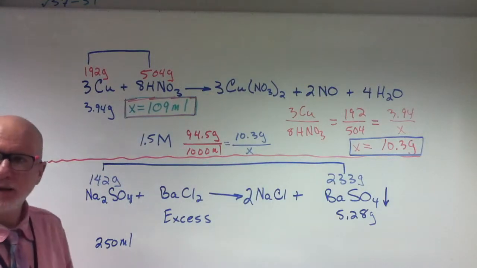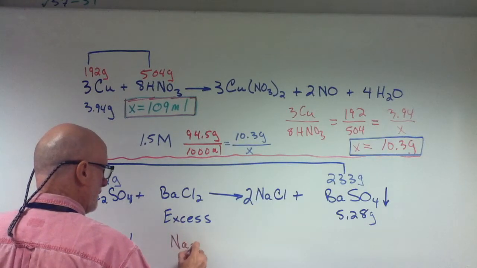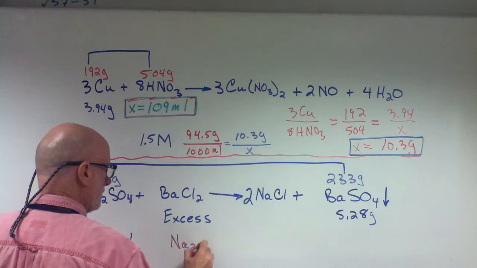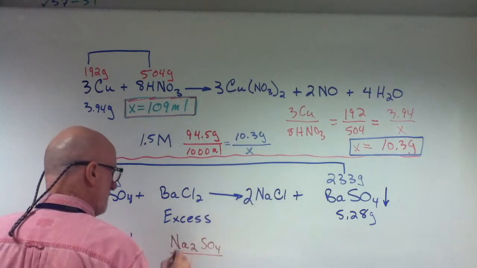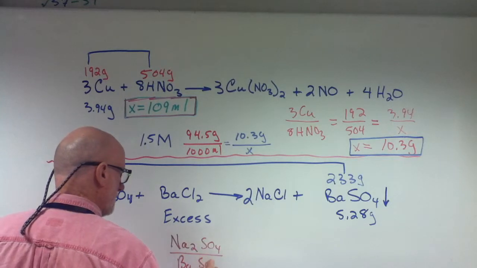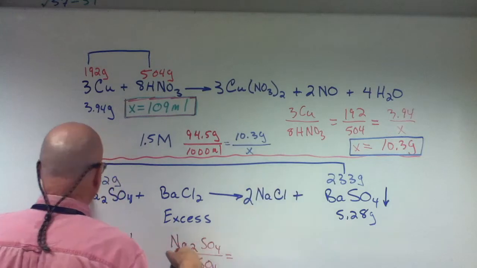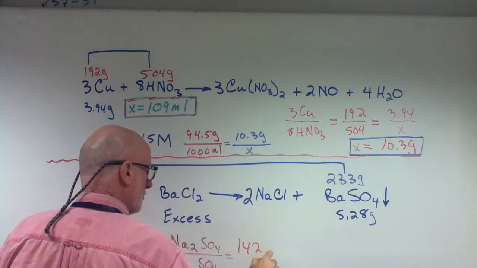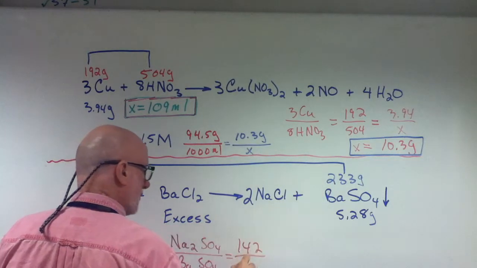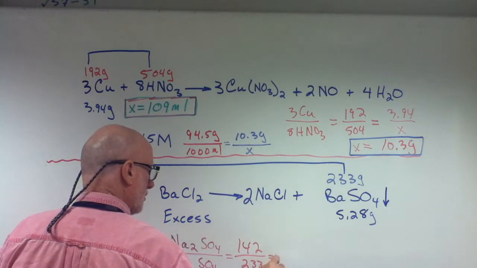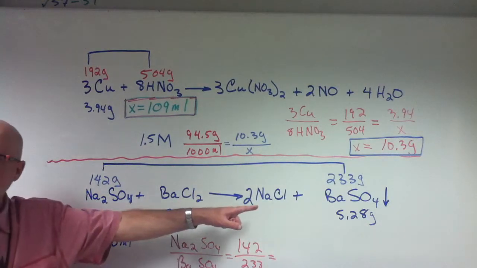Now, let's set up a ratio. So I'm going to have sodium sulfate, 1 mole, barium sulfate, equals 142 over 233 equals 5.28.